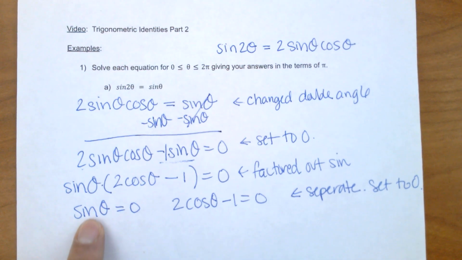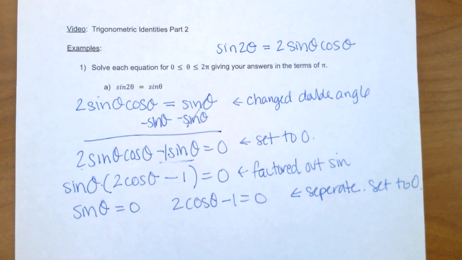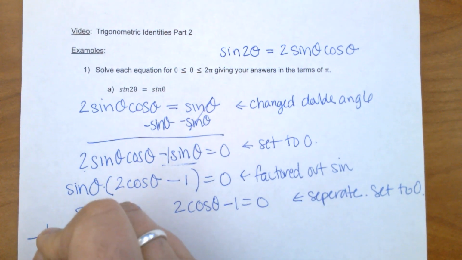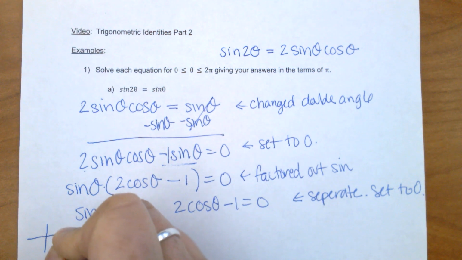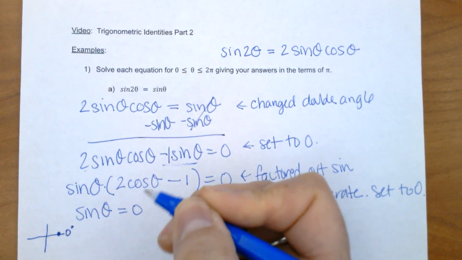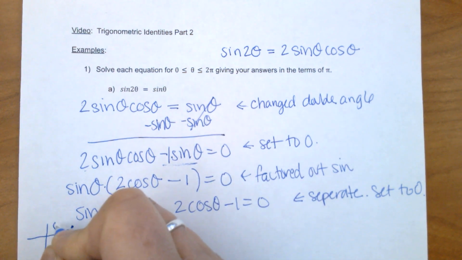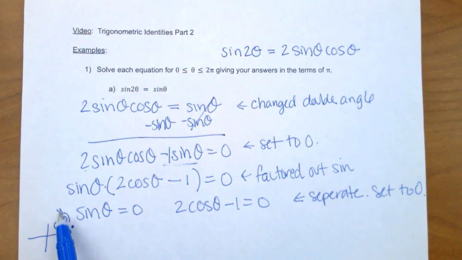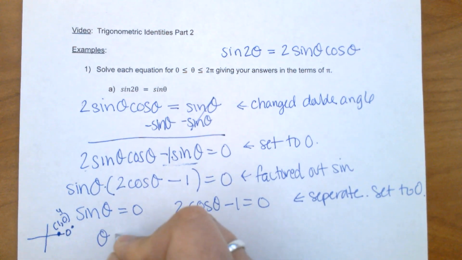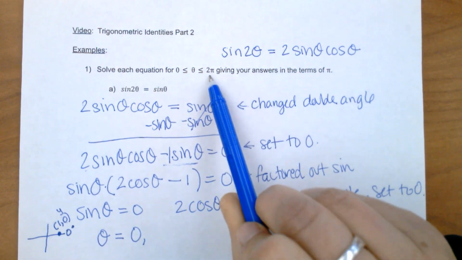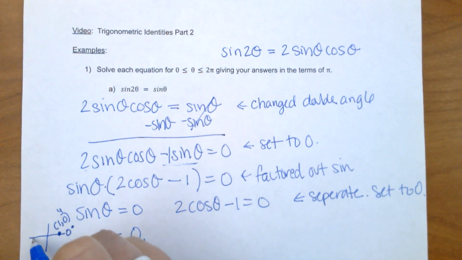So the first one right here, sine theta equals 0. Let's look at my unit circle. Remember, sine is the y value. At 0 degrees, or even 0 radians, this is the point (1, 0). My y value is 0 at 0 radians. So theta equals 0. And since we have to go all the way around the circle, where else is it equal to 0?